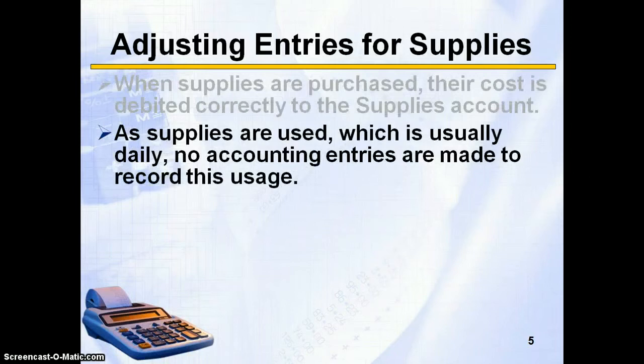However, supplies are used regularly, on a daily basis, and no accounting entries are made to record that usage. Say for example, in your company, your employees are using papers, pens, markers, highlighters, post-it notes on a daily basis. No one is accounting for all the supplies that are being used during the fiscal period. However, in order to show and record accurate financial information, the usage of these supplies must be shown.